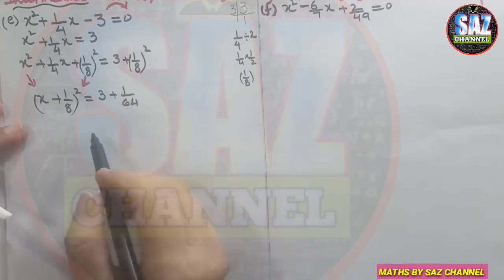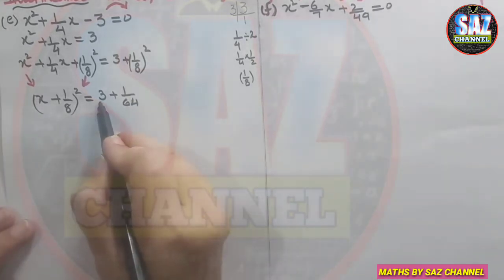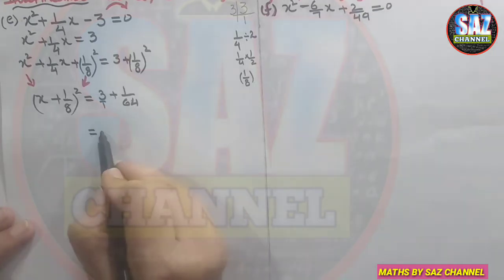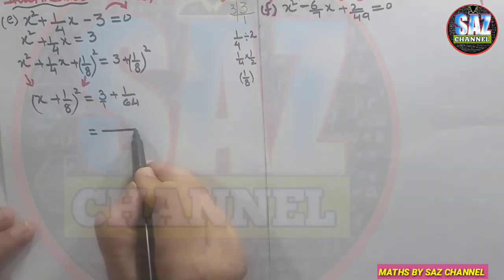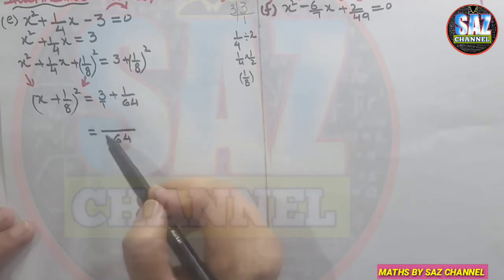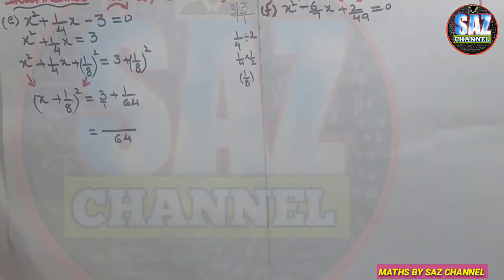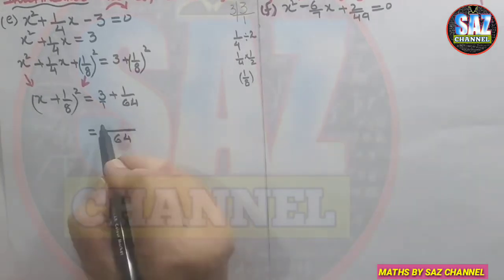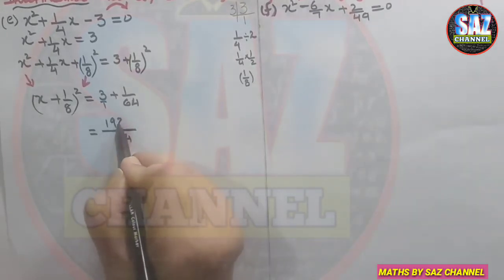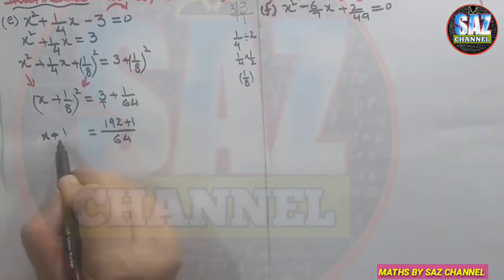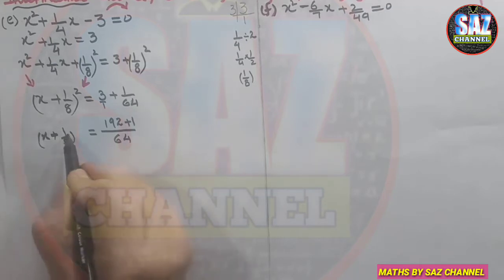In order to solve this equation, I have to solve the right hand side of the question, and I have to take the LCM. LCM of the question will be 64. When I take the LCM, 3 has the denominator 1. So 3 will be multiplied by 64, and 64 multiplied by 3 is 192. 192 plus 1 equals to (x plus 1 over 8) whole square.